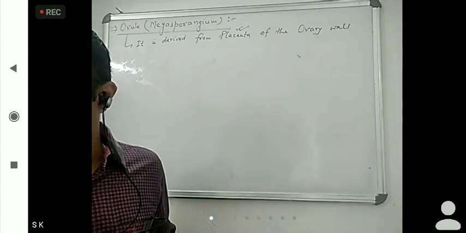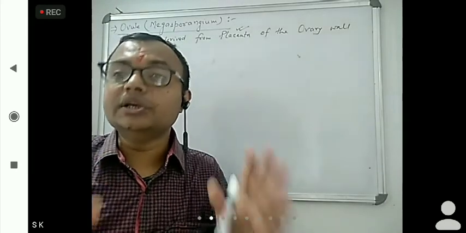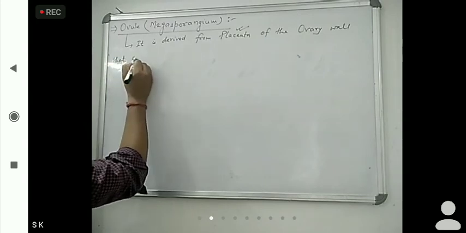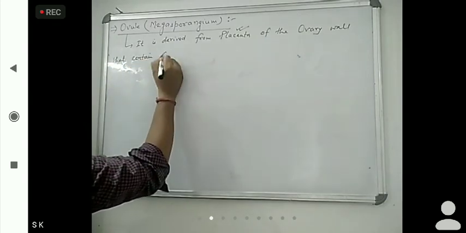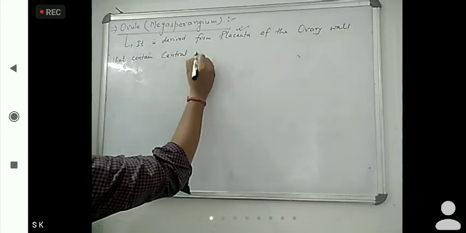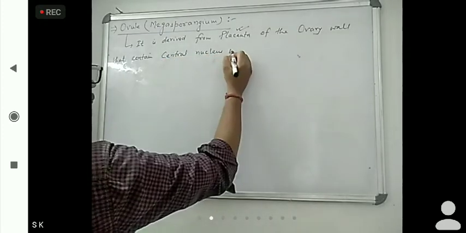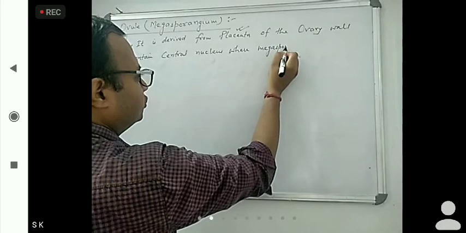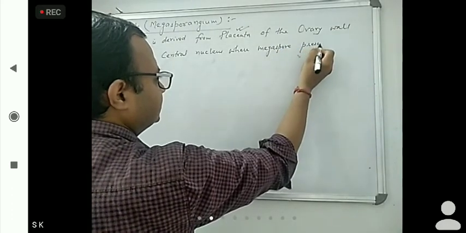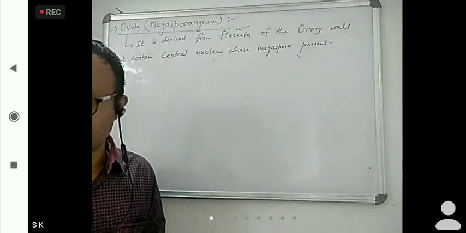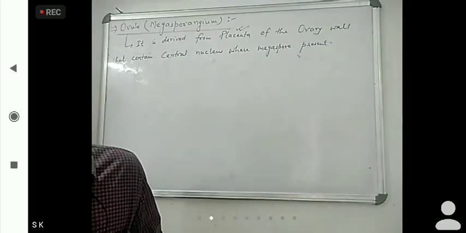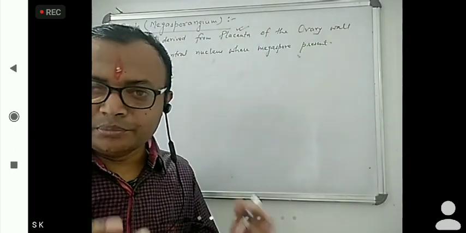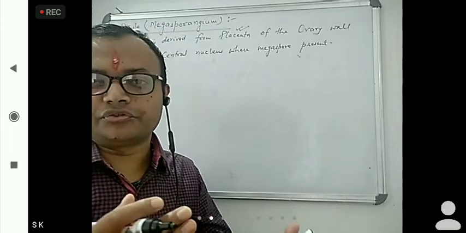It contains a central nucleus where the megaspore is present. This megaspore later develops into the embryo sac or female gametophyte.